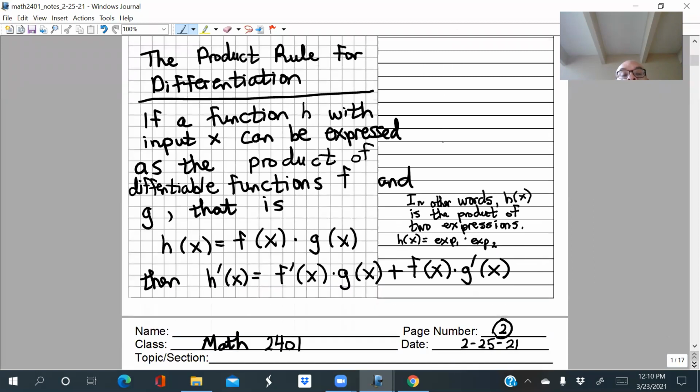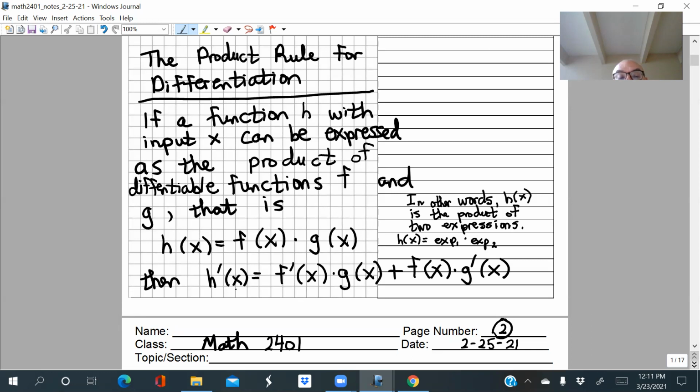All right. So let me show you the product rule first. When you see the product rule written down in correct mathematical terminology, it looks confusing, but it's really not once you understand the structure of the product rule.